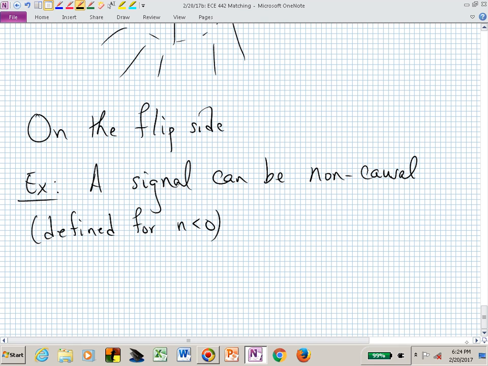That's what we're defining for negative values of n. And where is the region of convergence in this case? This one's interior. This one's now the disk. So now my region of convergence is interior to the poles.